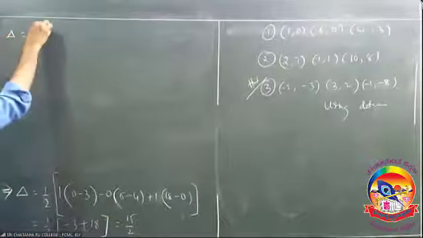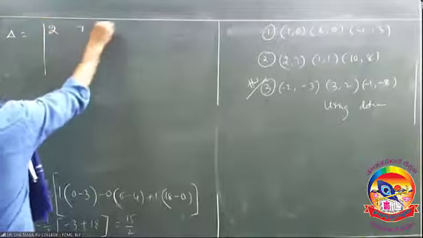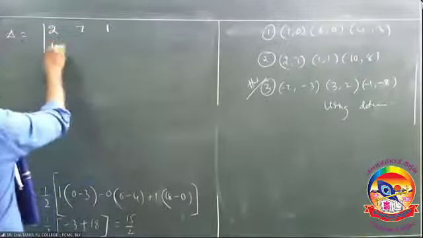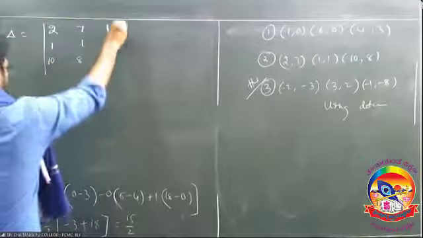Shall I write directly? Delta is equal to the determinant 2, 7, 1; 1, 1, 1; 10, 8, 1. Okay.